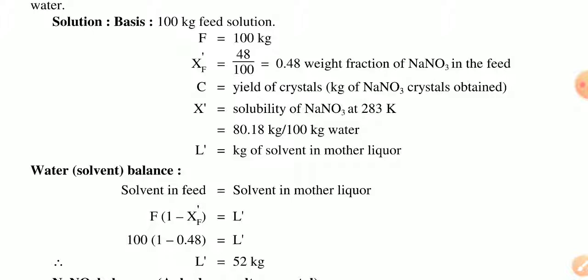L dash is equal to the kg of solvent in the mother liquor. For the water balance, the solvent in the feed is equal to the solvent in the mother liquor. So F multiplied by 1 minus X dash F is equal to L dash.